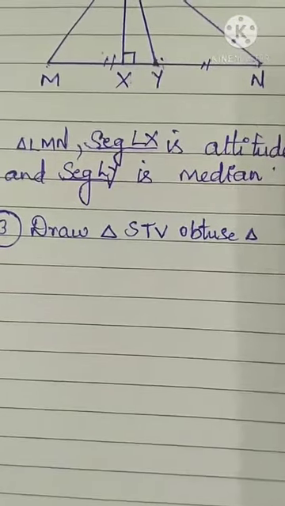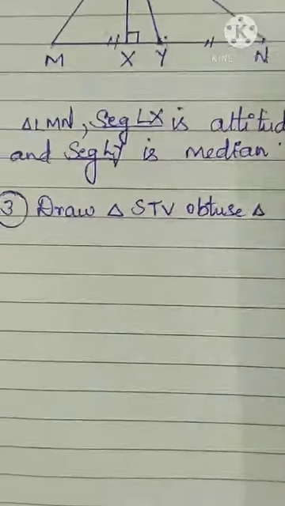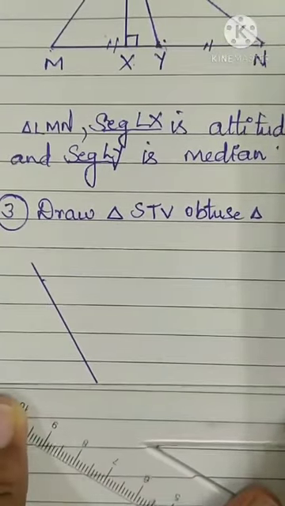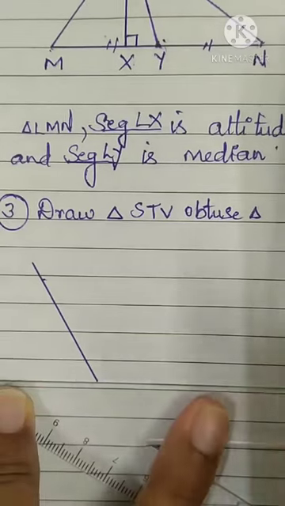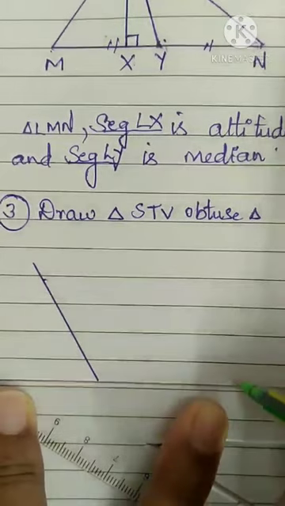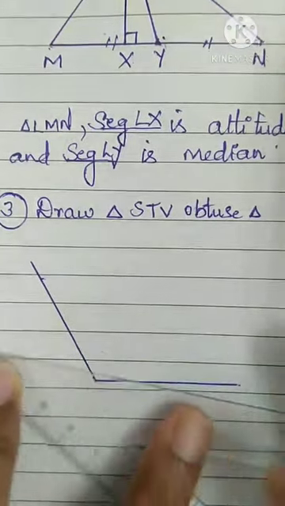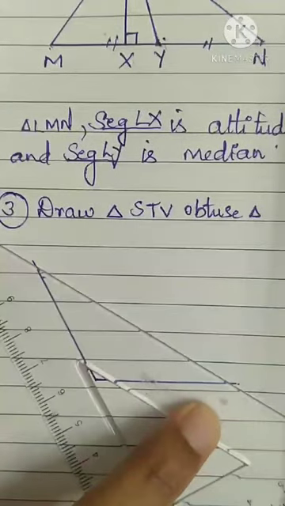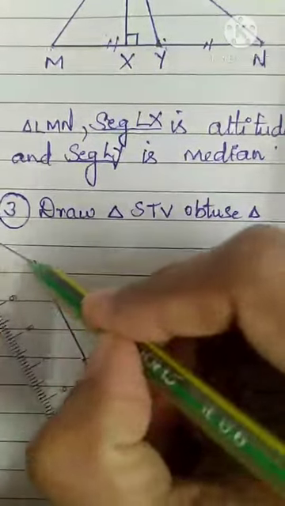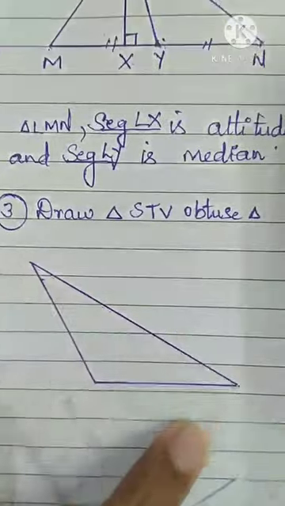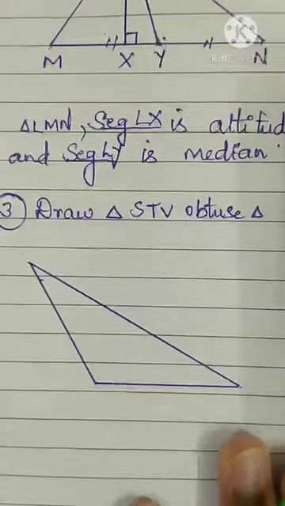First let us draw an obtuse angled triangle. I have this obtuse angled triangle, as you can see. Any one obtuse angled triangle.